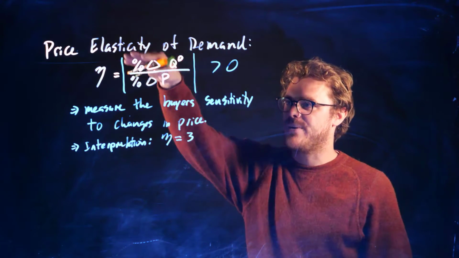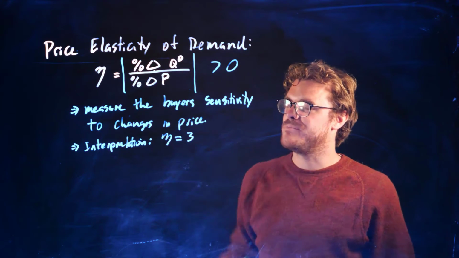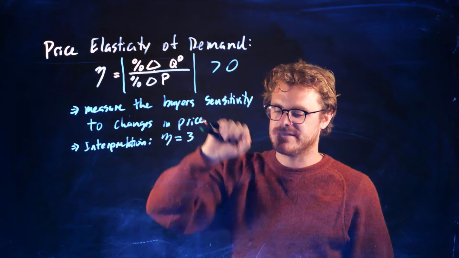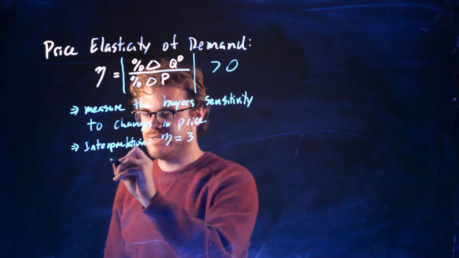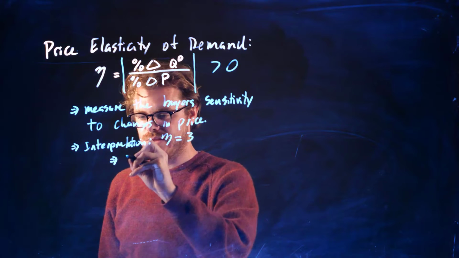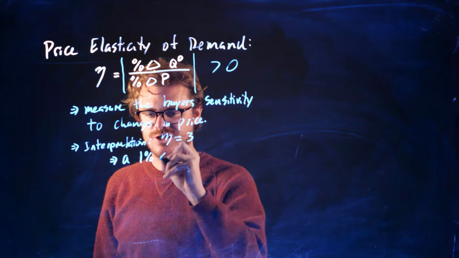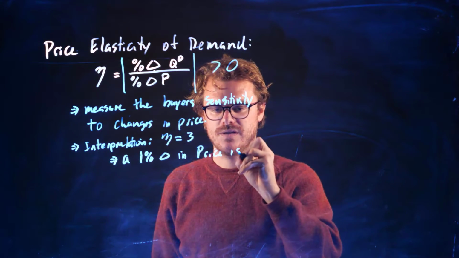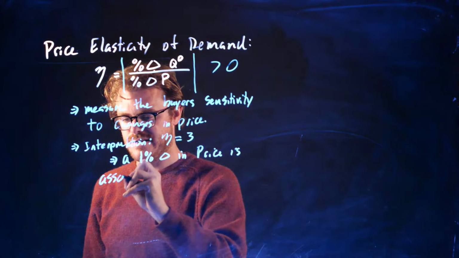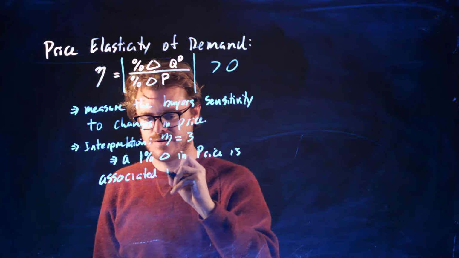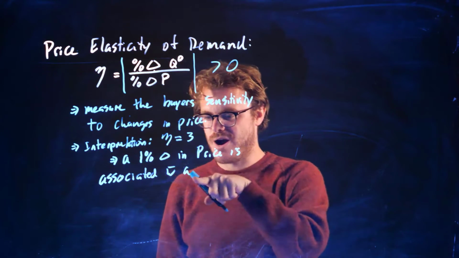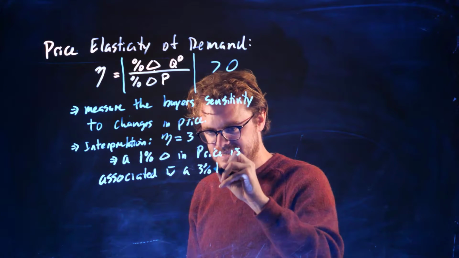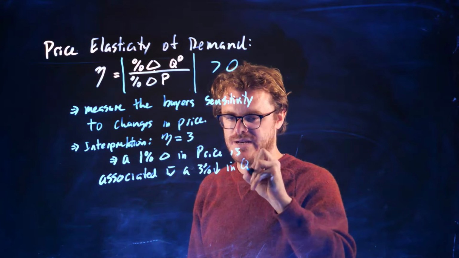We'll talk about how we actually calculate these, and we're going to use a certain method to calculate these percentage changes, but let's say we get the number 3 from this calculation. What this means is a 1% change in price is associated with a 3% decrease in quantity demanded.